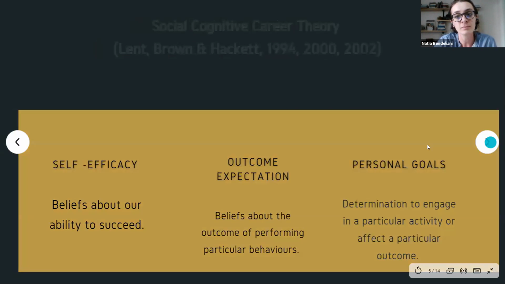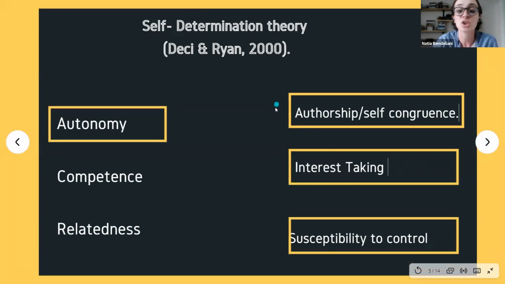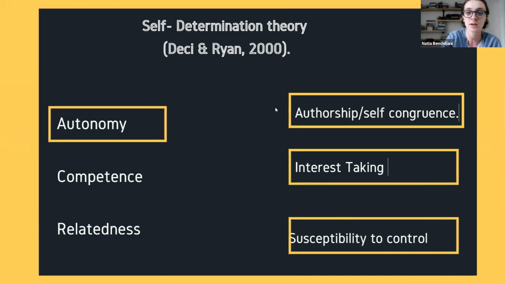Little is known about how intrapersonal and intra-individual factors interact in the process of career indecision. And according to self-determination theory, individuals cannot attain the sense of effectiveness and competence unless their decisions and actions are derived from a sense of autonomy.